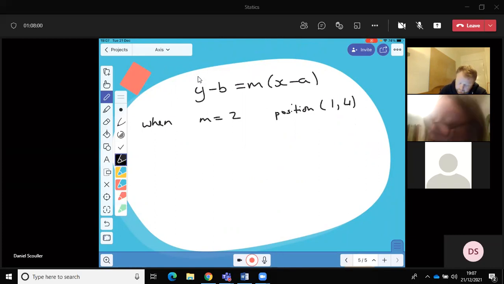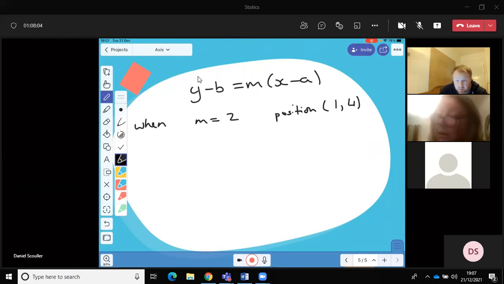First thing, and you can write this on your exam paper if you want, you could put a wee a, b under that, so you're aware that that's your known position. You're going to substitute the number 1 where it says the letter a, and the number 4 where the b is positioned.